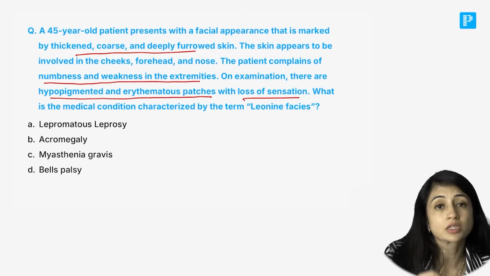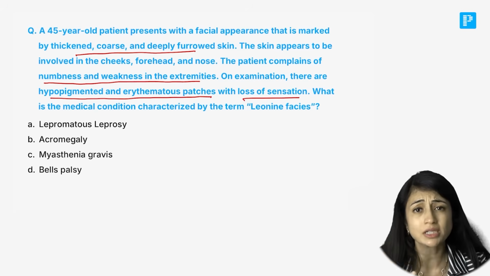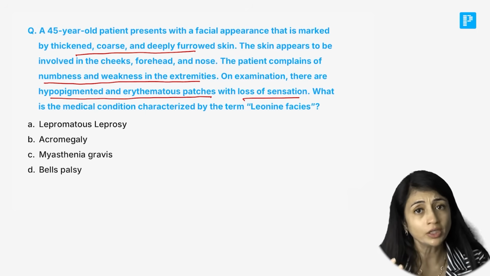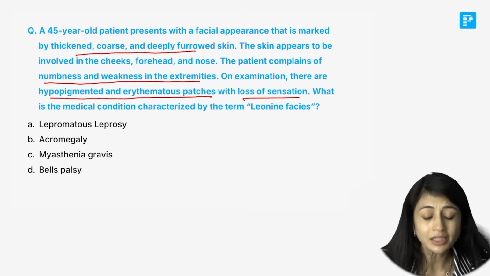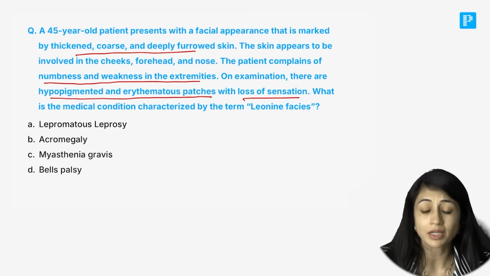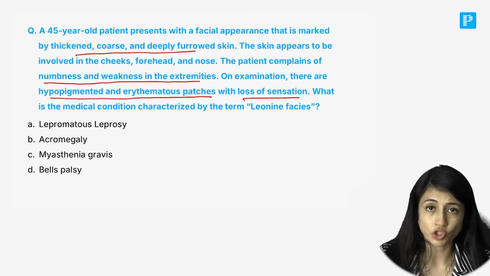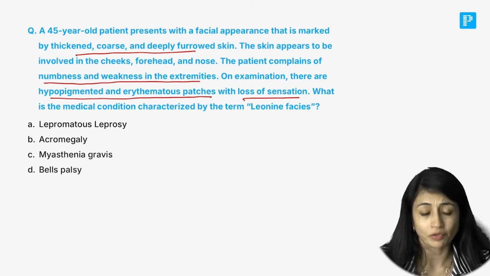So this is the description of leonine facies, lion-like face, thickened, coarse, deeply furrowed skin. Leonine facies has a lot of differentials, but in the question, they are clearly giving you a clue. There is numbness, weakness, there are erythematous, hypopigmented patches with loss of sensation. Now, I've told you multiple times, when you see this, you think only of leprosy.